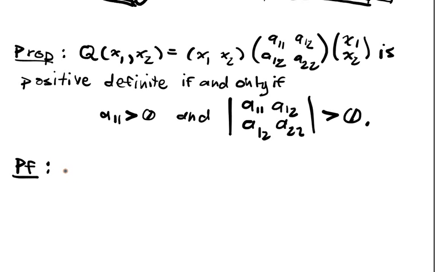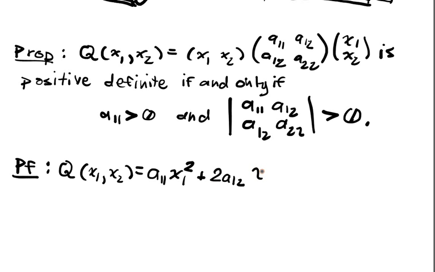So we've got q of x1, x2 is equal to, writing it all out, a11 x1 squared plus 2 a12 x1 x2 plus a22 x2 squared. And so we're going to add and subtract a number to complete the square.